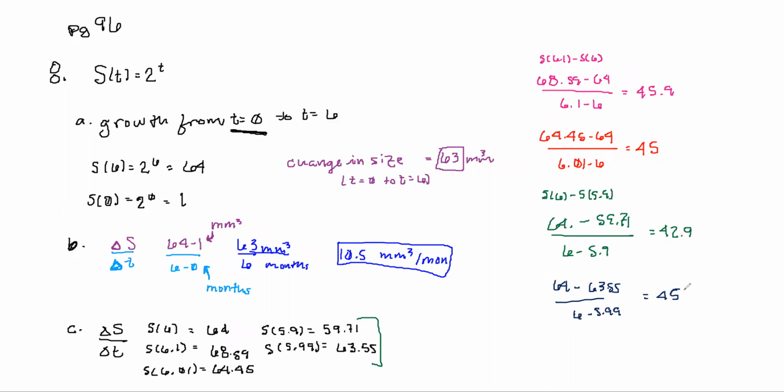So what is happening here? What is this kind of showing me? Well, it's growing very slowly. So what did I just calculate? What calculation was this? You went to the left and right.